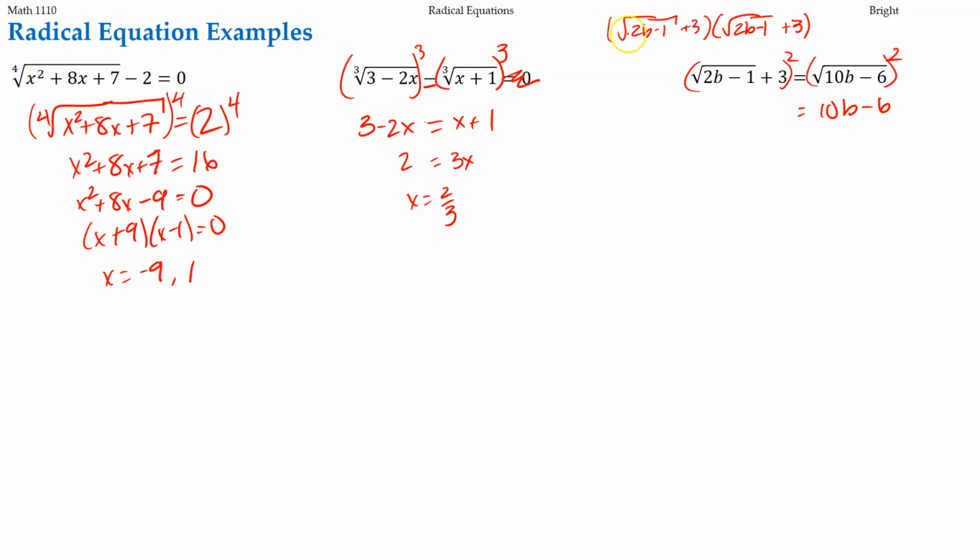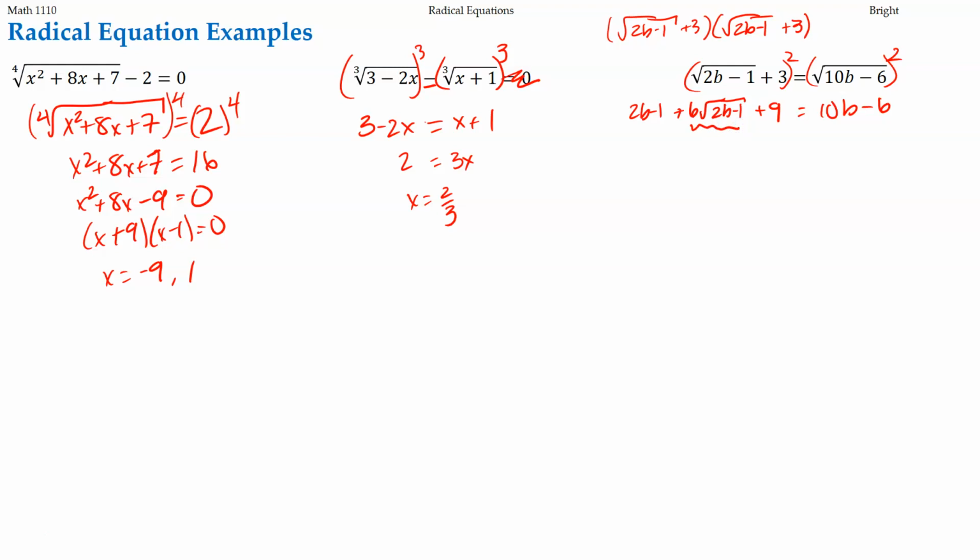And so, if you FOIL this all out, you end up with 2b minus 1, because it would be the square root of 2b minus 1 squared, and then plus 6 square root of 2b minus 1, because it would be 3 and another 3, and then plus 9, okay? And then now this is the one case where we need to re-isolate this term with the square root.